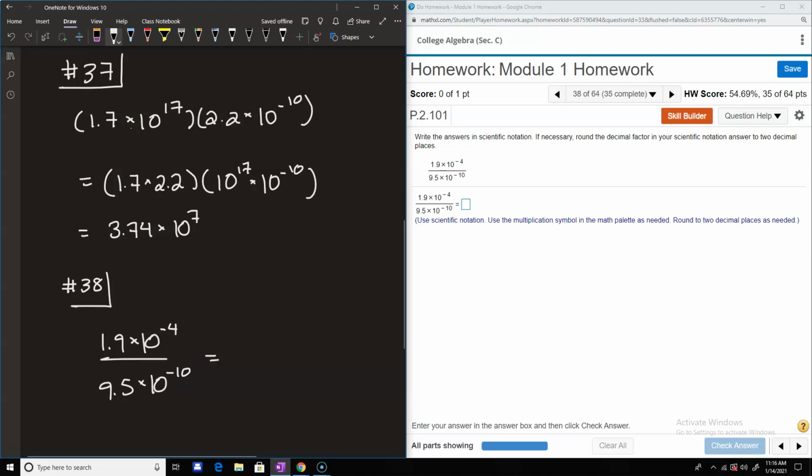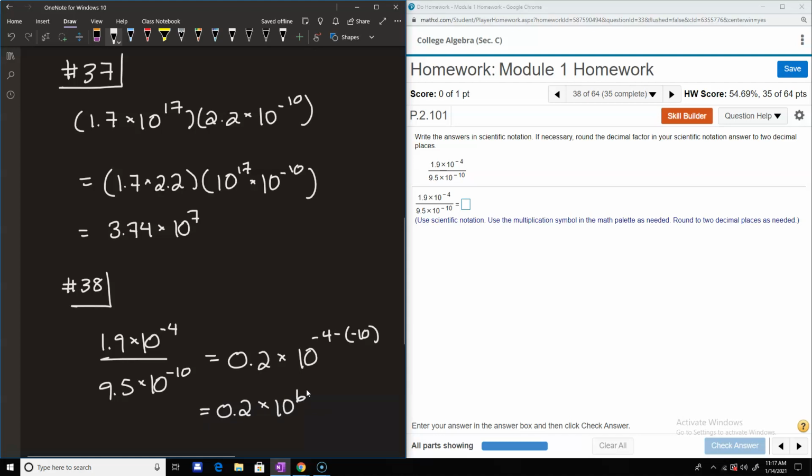So if you do 1.9 divided by 9.5, you get 0.2. And then when you subtract the exponents, remember this is 10 to the negative fourth minus negative 10. It's the top exponent minus the bottom one. So we have 0.2 times 10 to the positive sixth.